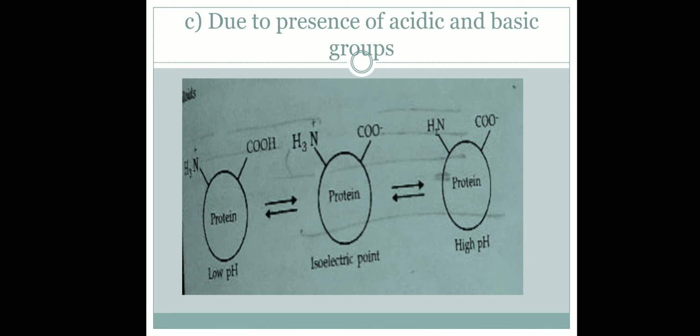Similarly, in a basic solution, it is due to the ionization of the acidic group. The charge in these cases is a function of pH of the medium. But at an intermediate pH, the particles will be electrically neutral. The pH at which the particles will exist as uncharged molecules is called isoelectric point.